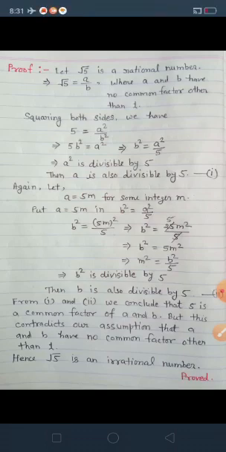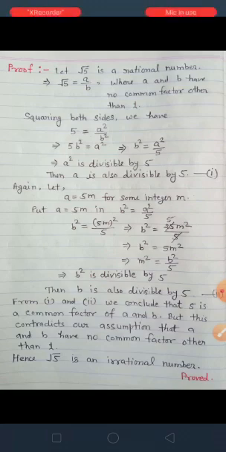Again, let a is equal to 5 into m for some integer m. Here m is any integer; we assume that a is equal to 5m. Put a is equal to 5m in the above expression b square is equal to a square upon 5. Then we get b square is equal to 5m whole square upon 5.